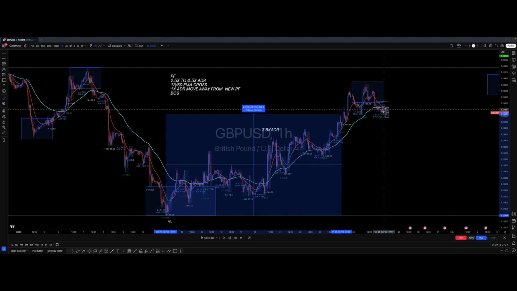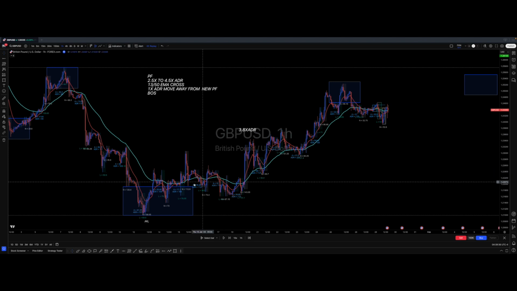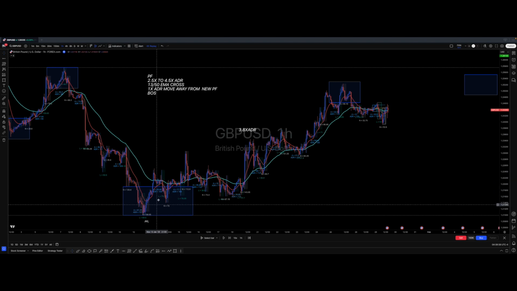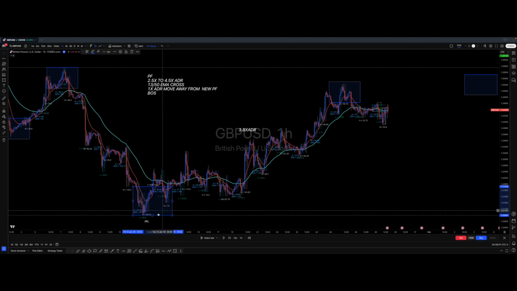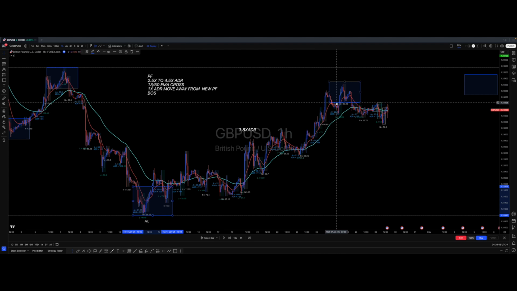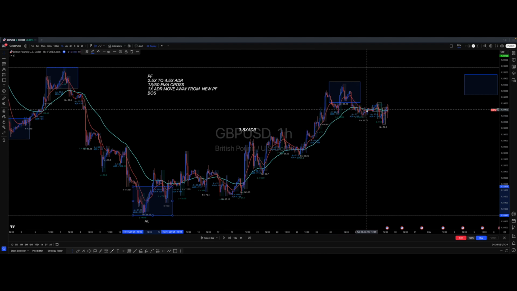There you see the crossover happen here on the 1 hour time frame. From the peak formation low, which is this here, we have price movement that goes up 3.8 times ADR, and then is when you get a crossover.